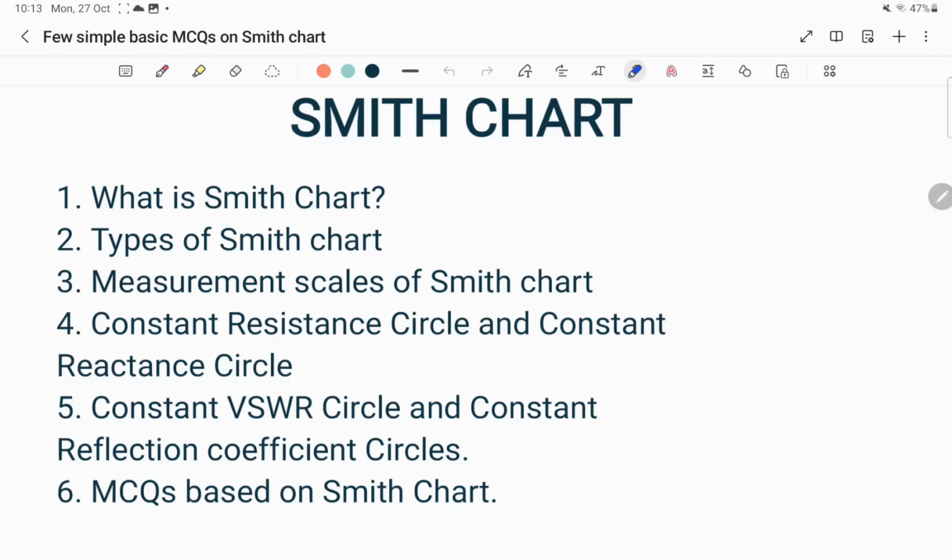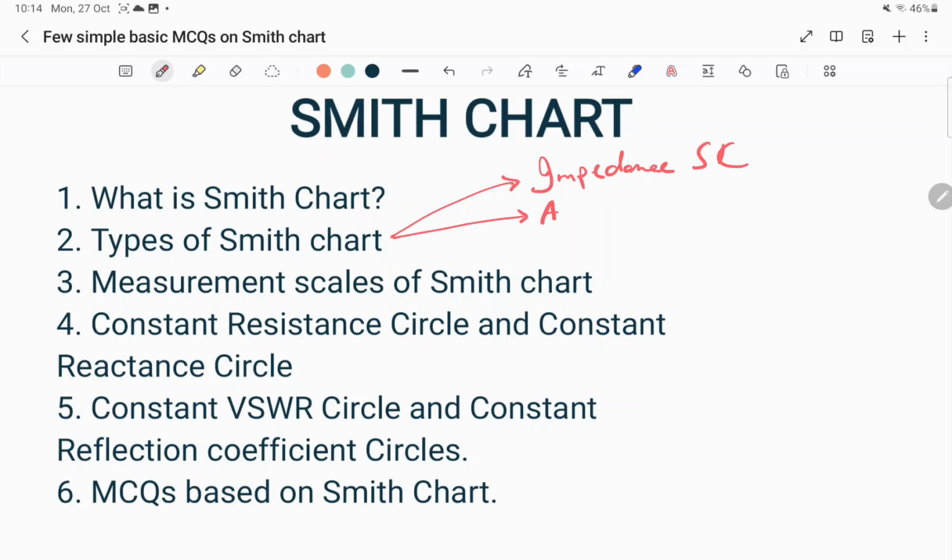Let us first try to understand what is a Smith chart. A simple definition of a Smith chart is that it is a graphical tool which is used to measure various transmission line parameters such as reflection coefficient, transmission coefficient, voltage standing wave ratio, load impedance, etc. So what are the types of Smith charts which are available? The first type is impedance Smith chart.